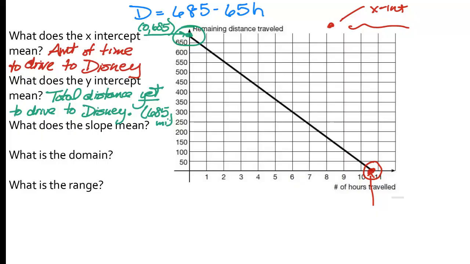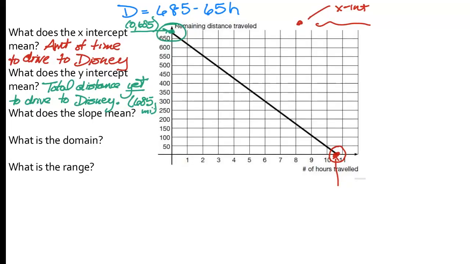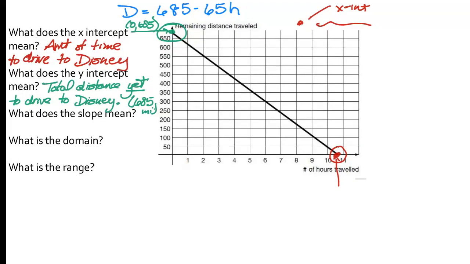I don't know that I totally agree with everything. So yeah, this equation here is similar to y equals mx plus b. What is my y? What is comparable to my y here? Yeah, y is d. Okay, good.